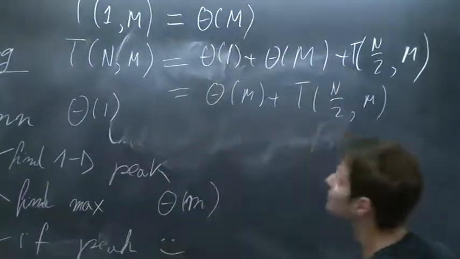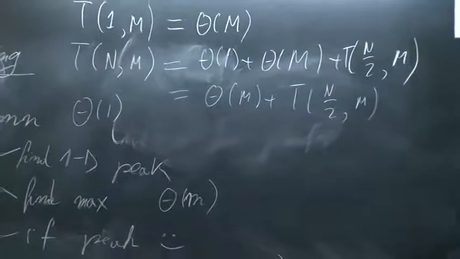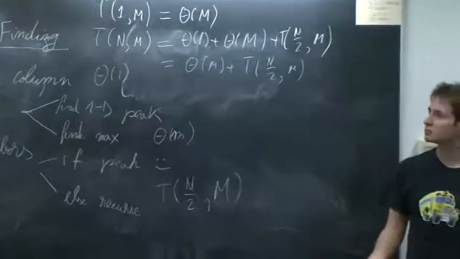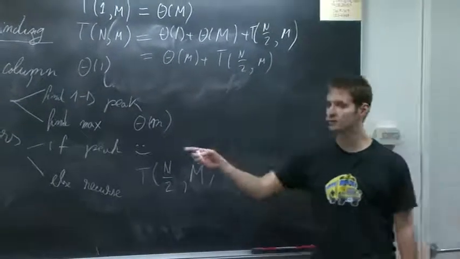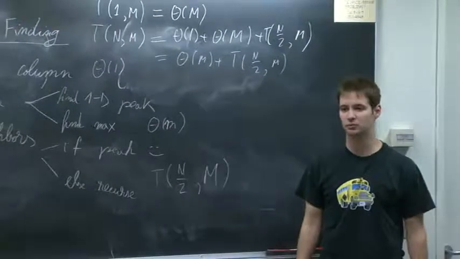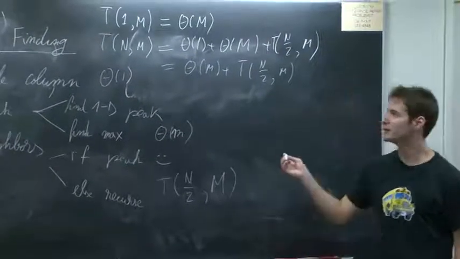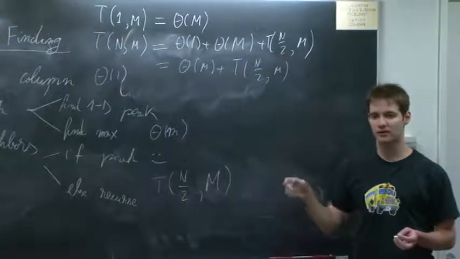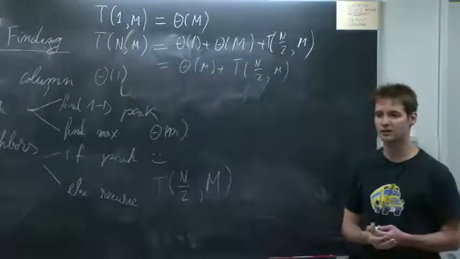So if I only have one column, then I can find the maximum, and I know for sure that's going to be a peak. Job done. That's my base case. So I'm going to reduce the problem size in half until I get to a single column. Then I find the peak there, and I'm happy.